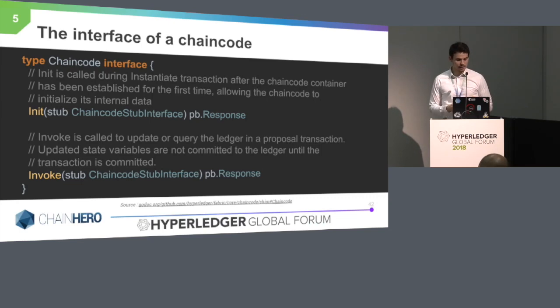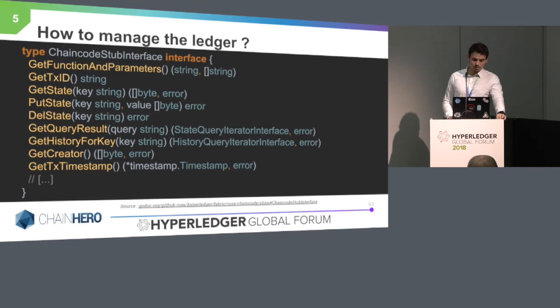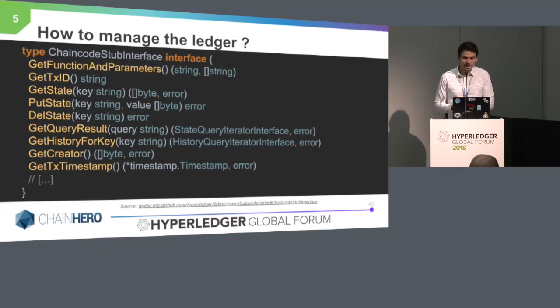How you get information about the ledger is all provided in the stub, the chain code stub interface. The chain code stub interface gives you some methods, some functions, in order to get the context of the transaction and to access the ledger state.